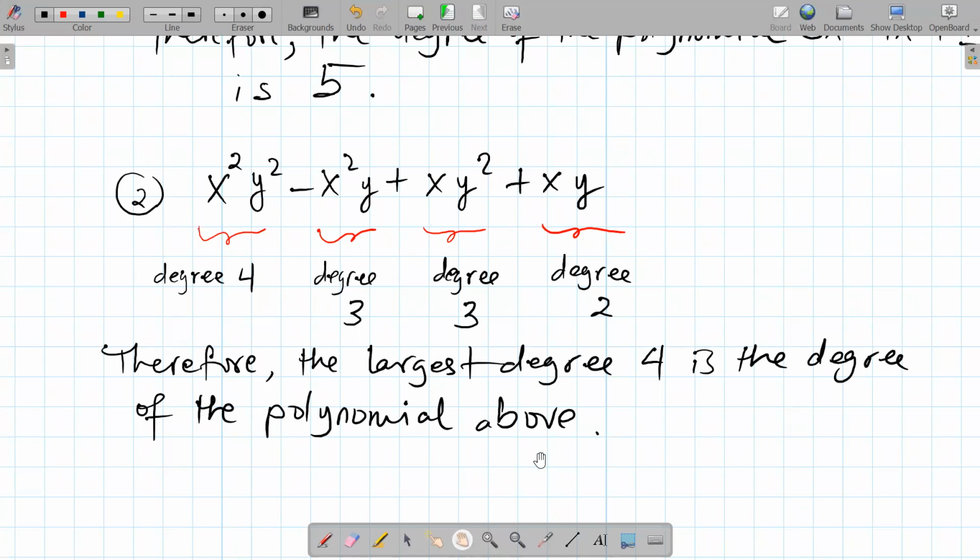So the degree of the polynomial is going to be 4.